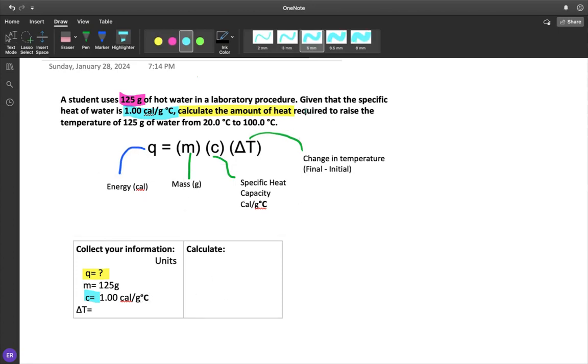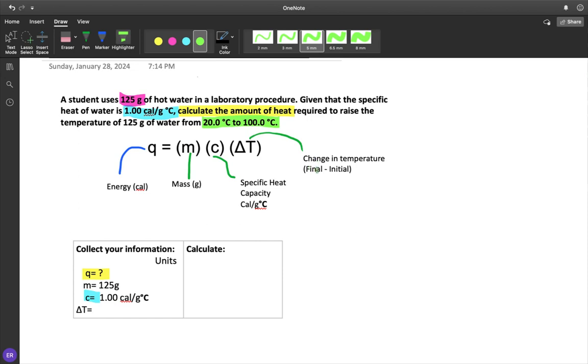Now let's continue and see what more information we have. We know we're calculating the amount of heat required to raise the temperature of the 125 grams of water from 20 degrees Celsius to 100 degrees Celsius. Here we have temperatures. Do we have one temperature or two? We have two, the 20 and the 100. From means that's our starting temperature, and to means that is our ending temperature.